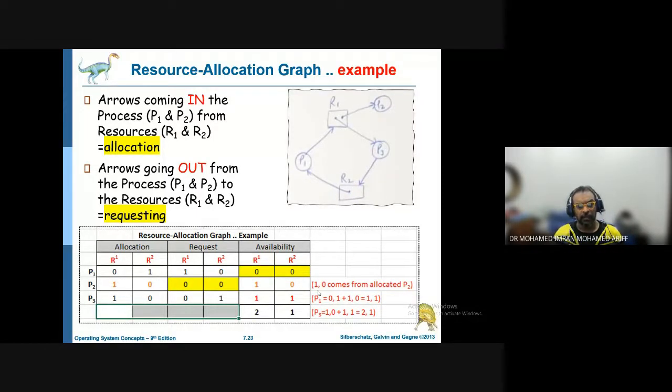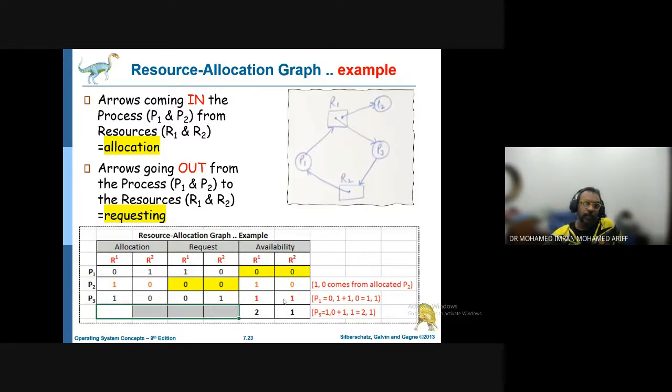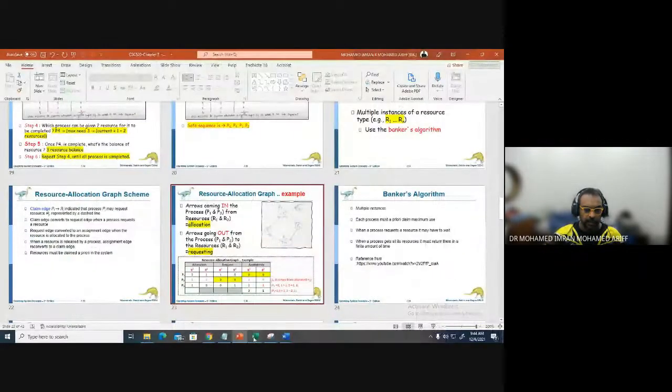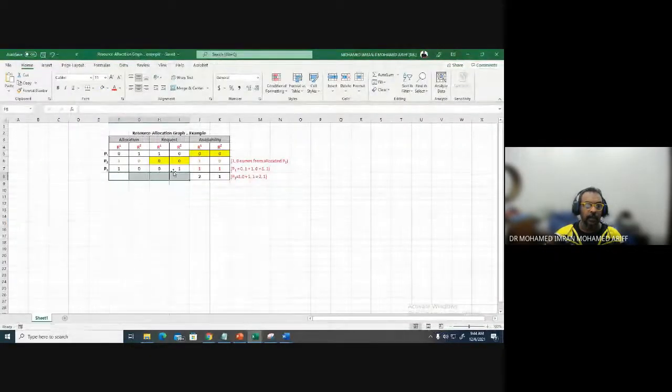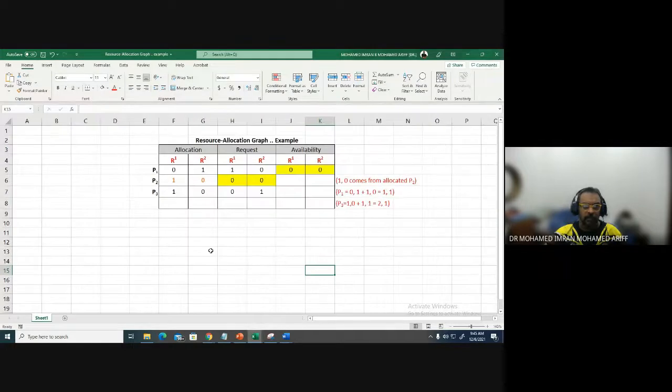Faham tak? You understand? Or do you want me to explain again? Sir, explain sekali lagi boleh? Sure, no problem. Okay. Let me find my... Can you see this diagram yang saya buat kat Microsoft Excel ni?